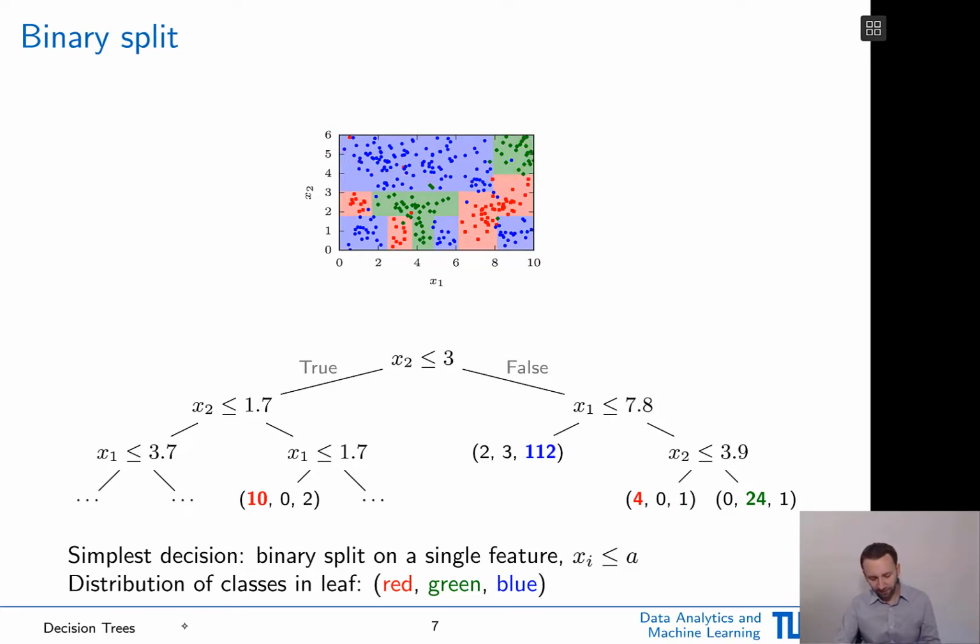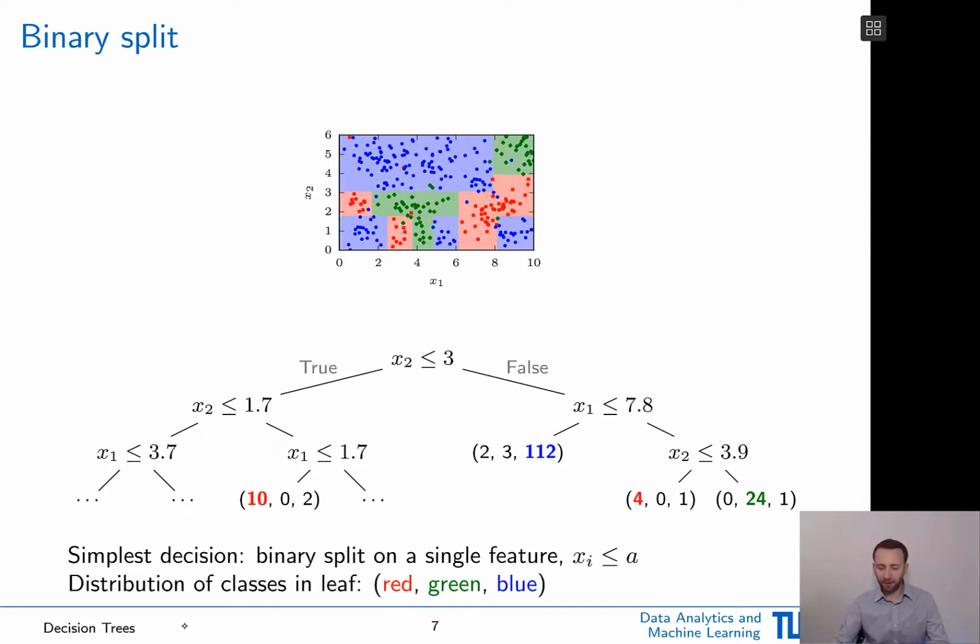So for example, for this answer, which corresponds to the lower subset, we can ask again, for example, x2 smaller than 1.7, which would be here, right? So again, we subdivide it into regions. So here the answer is yes in this lower part, which would be this branch. Or we look at this part here, which would be this branch, okay?